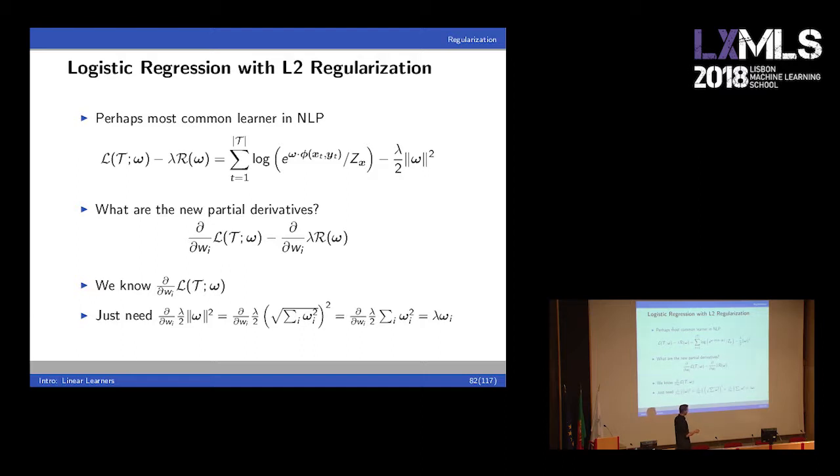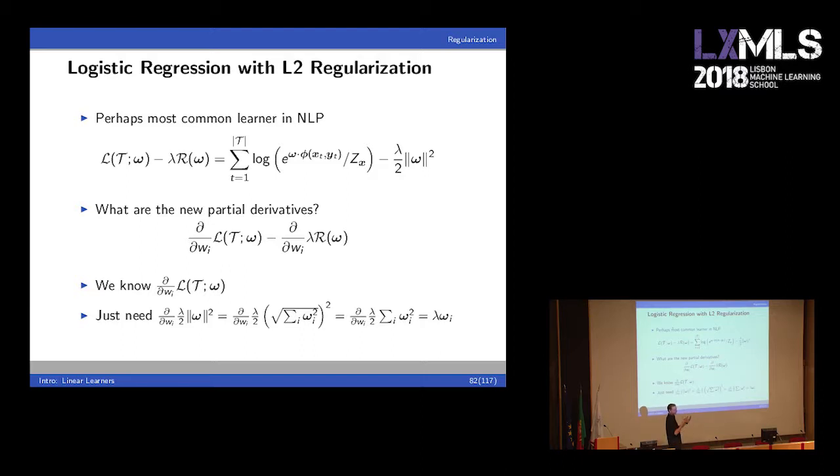The derivative of lambda half times the squared norm is lambda times the weight for which we took the derivative. So in your algorithm, you will just have the gradient that you had before, and for each component you will have minus lambda times wi.